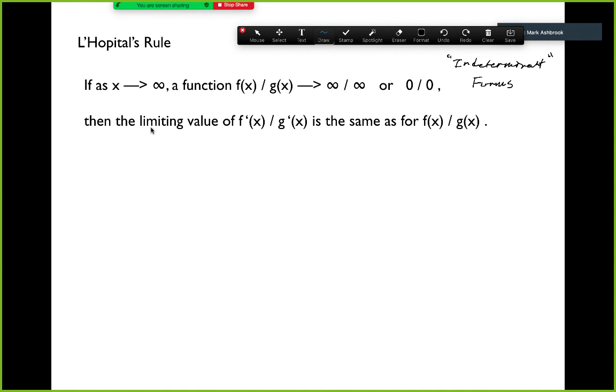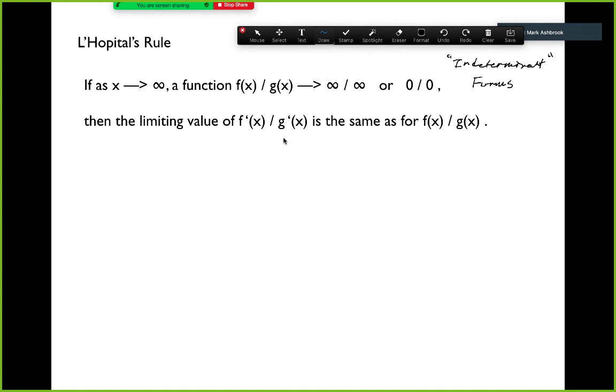To help you solve that, L'Hopital's rule says that the limiting value of the ratio of the derivatives will be the same as the limiting value of our original ratio. So we can take the derivative of the numerator and the denominator, set up a new ratio, and analyze that.